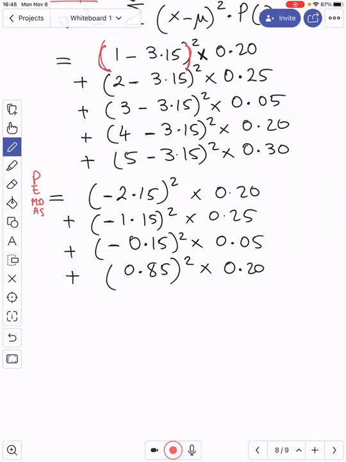And then 1.85 squared times 0.30. Right.